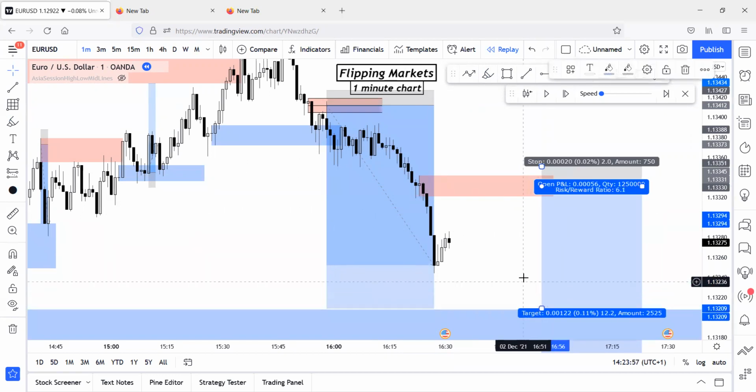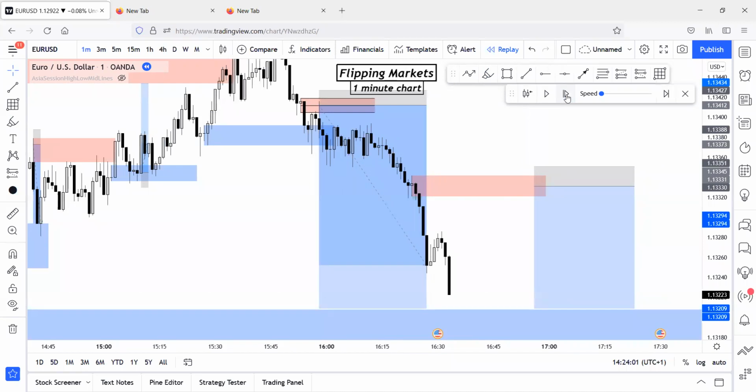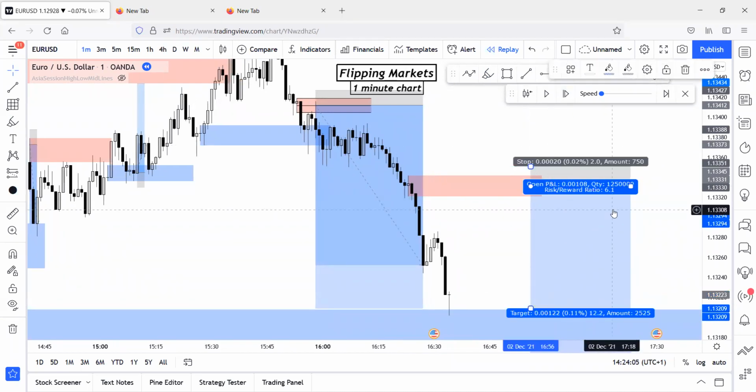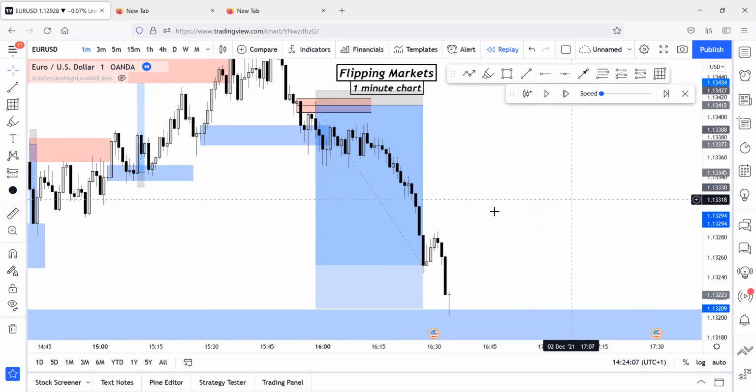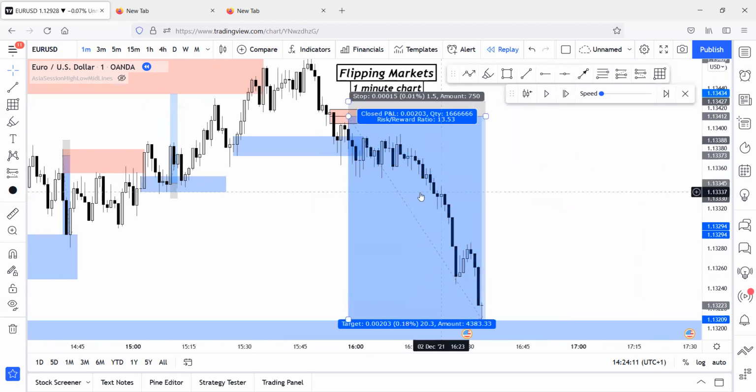So this will be 1 to 6. Let's see if it comes back up. No, it actually broke structure and it hit TP. So yeah, one more trade hit for 1 to 13 risk reward.